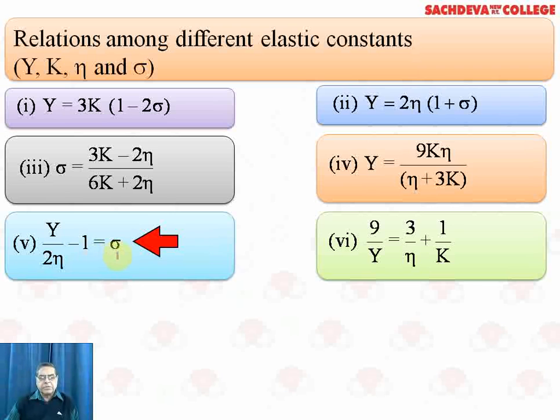Poisson's ratio is given by y divided by 2 times the modulus of rigidity, minus 1. And the sixth formula is 9 over Young's modulus equals 3 over modulus of rigidity plus 1 over bulk modulus of elasticity.